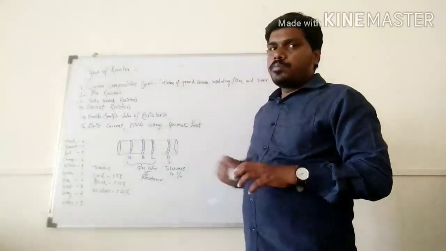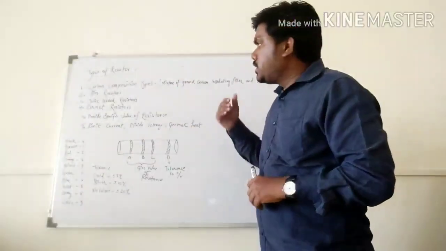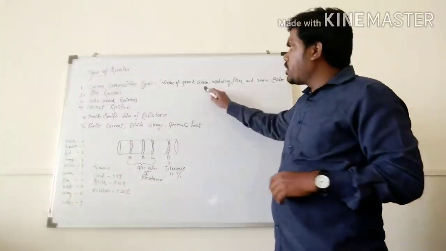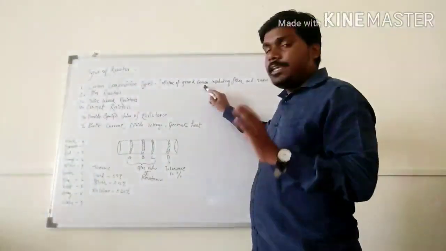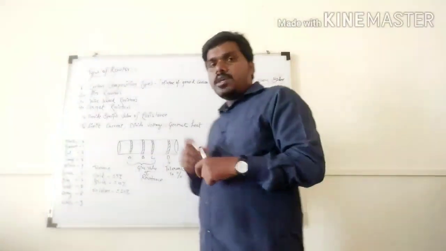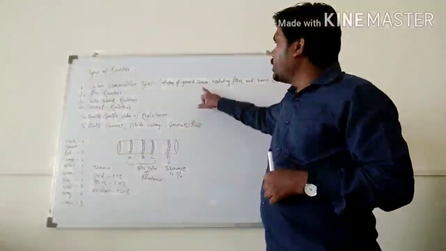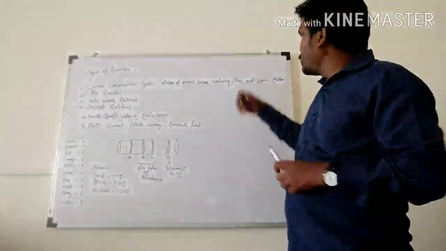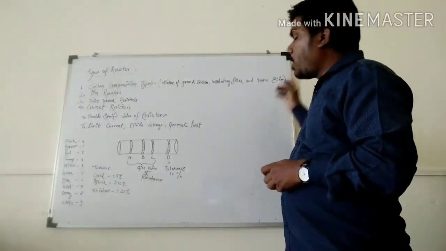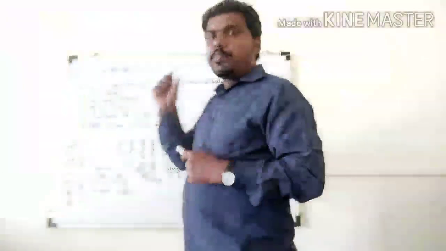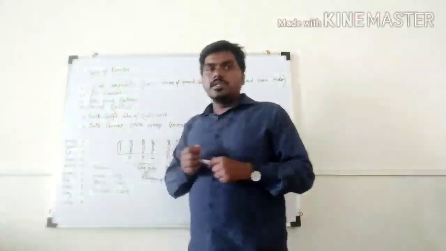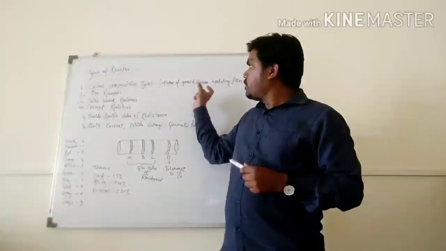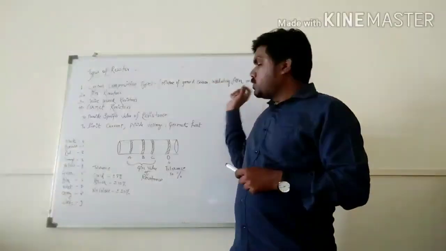This carbon composition type of resistor is a mixture of finely grade carbon, meaning the powdered form of carbon, insulating filler and resin binder. It is a combination of these three. How does the value of this particular resistor depend? It depends on the composition of carbon and the insulating filler.